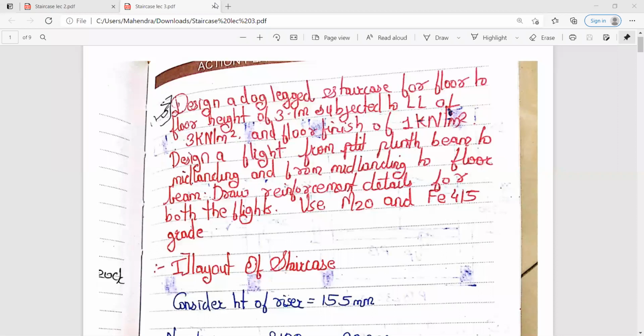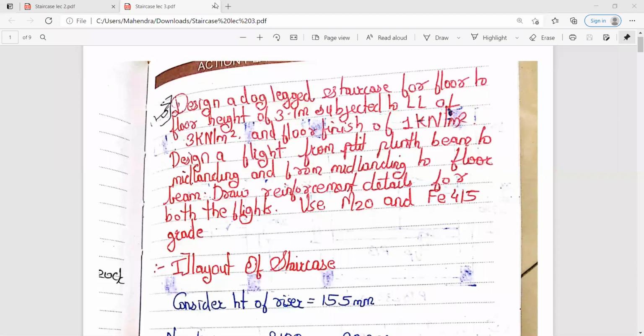And they have told you to design a flight from plinth beam to mid landing and from mid landing to floor beam. Here उन्होंने specifically they had mentioned you to design a flight from plinth beam to mid landing and from mid landing to floor beam. So accordingly you have to design your dogleg staircase.